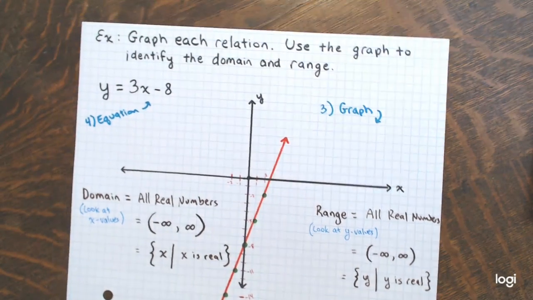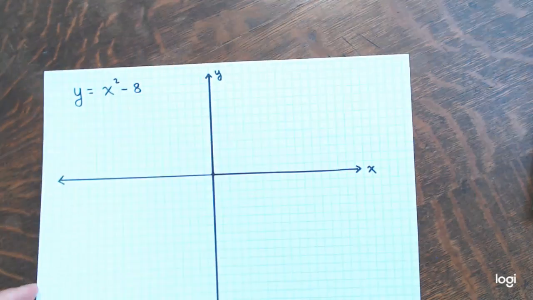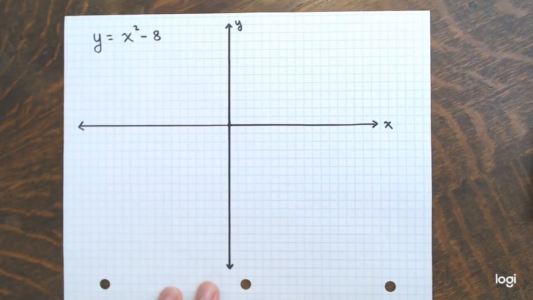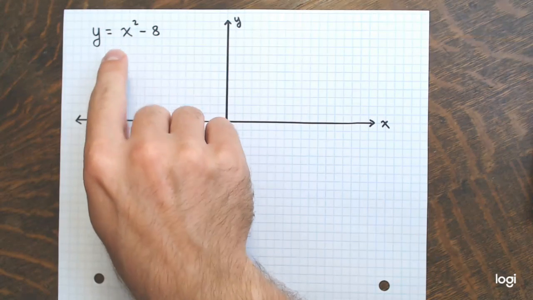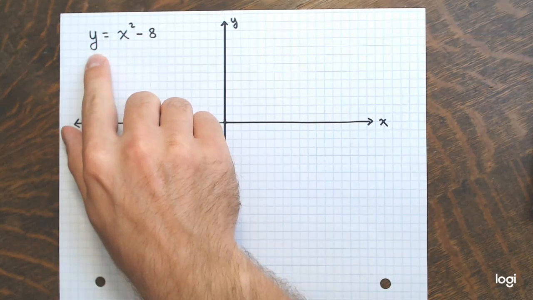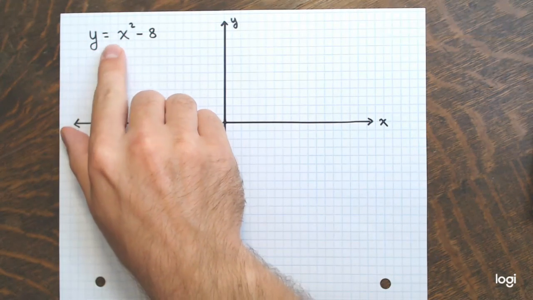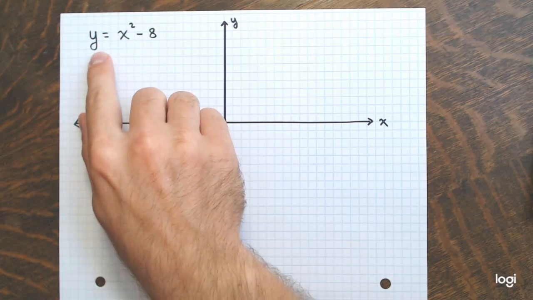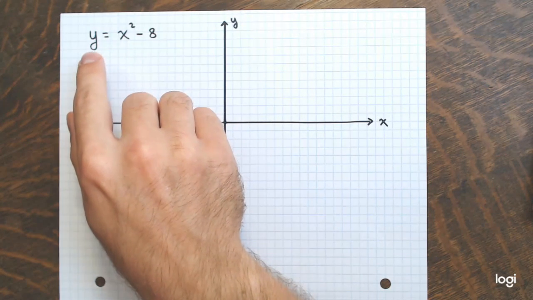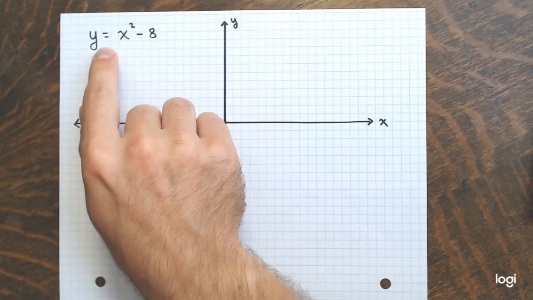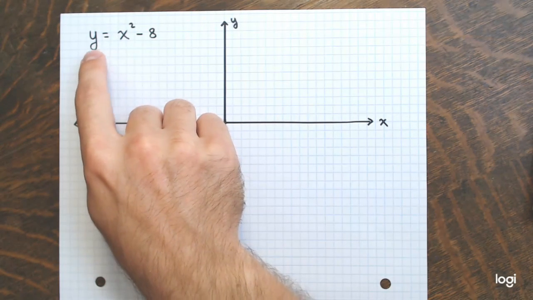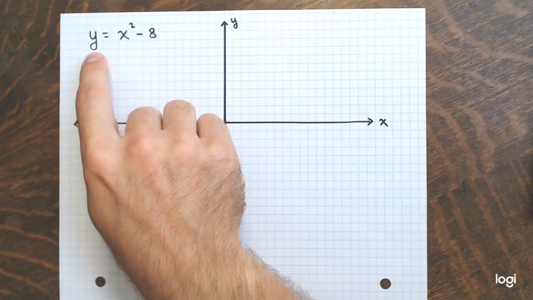I'm asked to graph the relation, draw a picture of the solutions to this equation. The relationship between x and y is given, and again it's solved for a particular variable: y equals x squared minus 8. And I'll point out again that if you're given an equation and asked to graph it, if you can solve for one of the variables pretty easily, I'd recommend doing that.